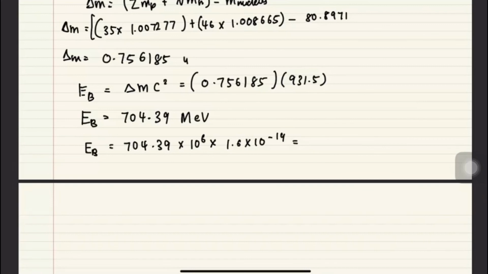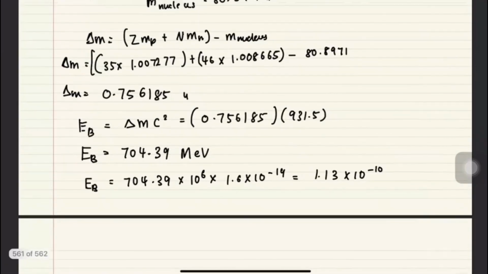Sir, C tu bukan kuasa 2? Apa kuasa 2? Sorry, tak dengar. 931.5 tu bukan kuasa dengan 2? Yang ini tak perlu. You don't have to square. Okay, 931.5 ni, kamu tak perlu squarekan dia. Sebab apa? Sebab ini sebenarnya dia adalah per C square. So, kamu darab C square.